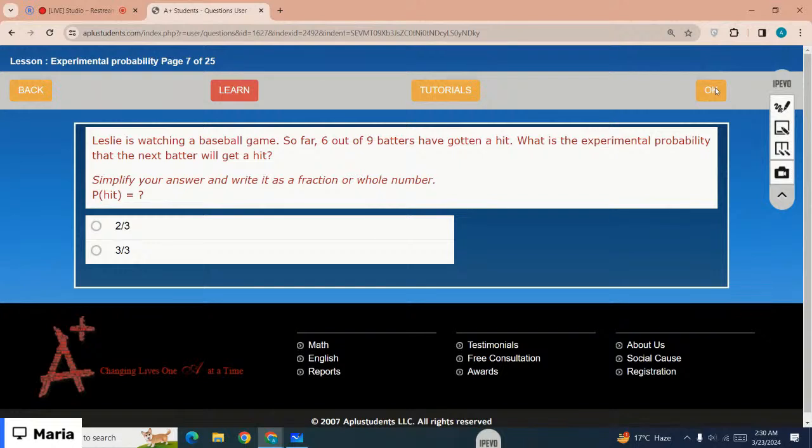The correct option is 2 out of 3. Option 1 is the correct option.